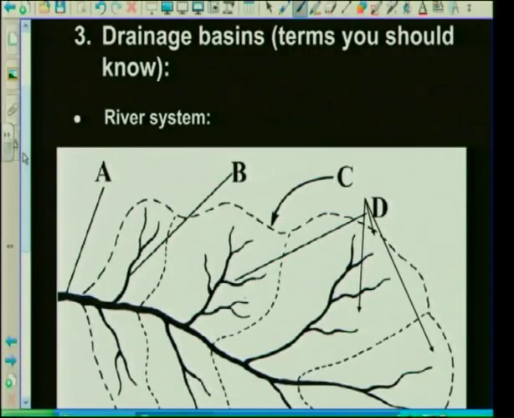Okay. All right. Now we're going to look at drainage basins and the important concepts that you need to know around a drainage basin. Starting with, I believe, the most important is a definition of what is a drainage basin. And literally speaking, a drainage basin is the area from which the main river and all of its tributaries will obtain its water.